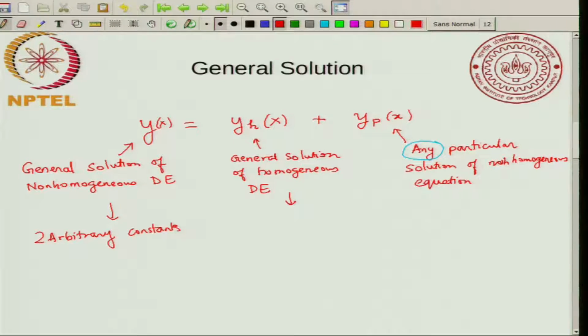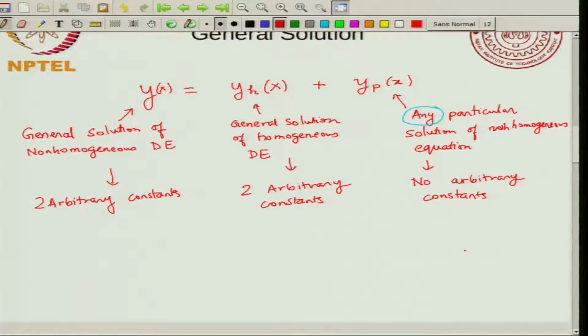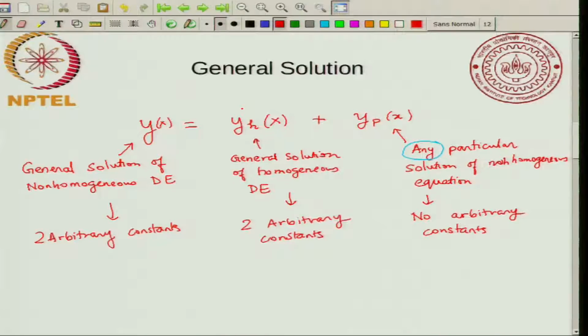The general solution of the homogeneous differential equation also has two arbitrary constants, but this particular solution will have no arbitrary constants. So the two arbitrary constants for y came entirely from y h.